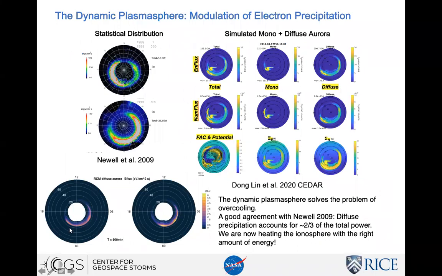The figure at the bottom is a comparison of the electron precipitation power using the static Gallagher model as the plasmasphere, and also the dynamic one we have right now. You can see the precipitation power is substantially increased.